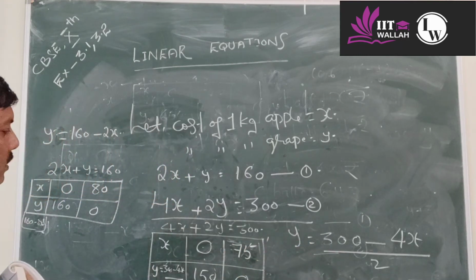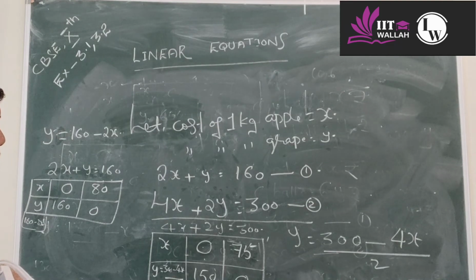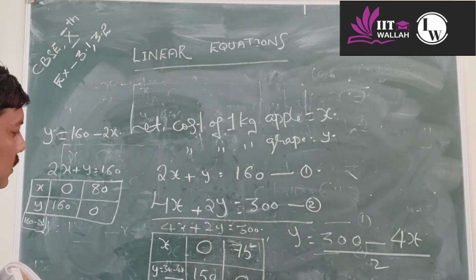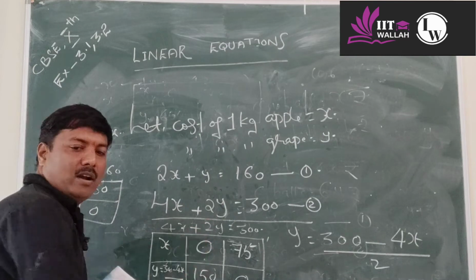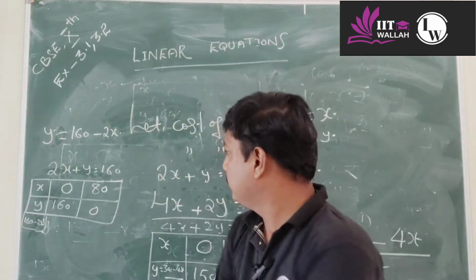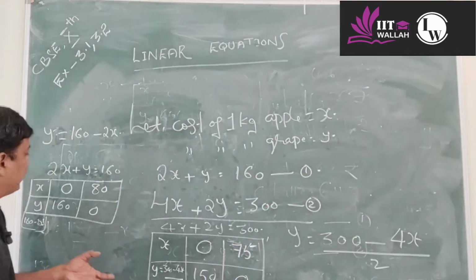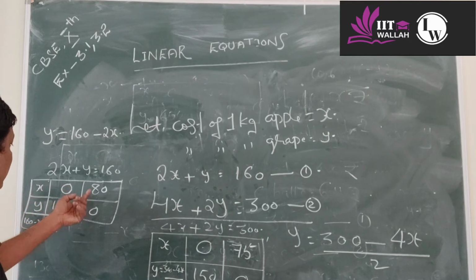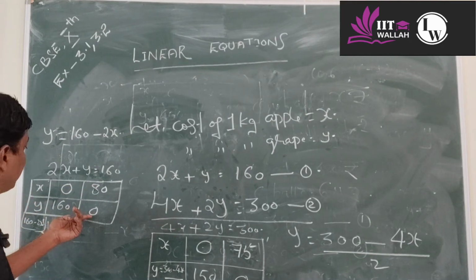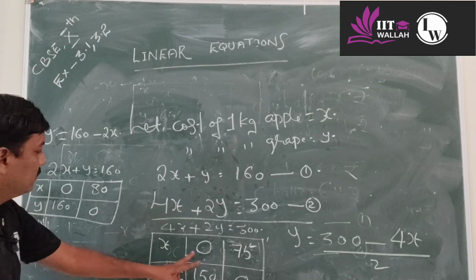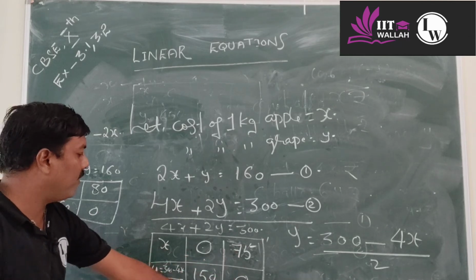Okay. So we got the coordinates. Very nice coordinates here: 0, 160 and 80, 0. Here 0, 150 and 75, 0.